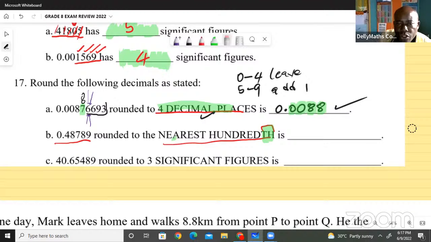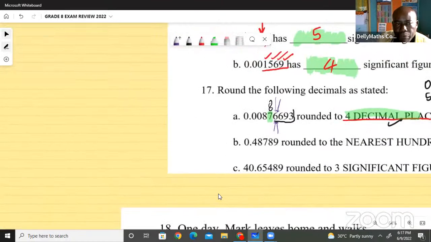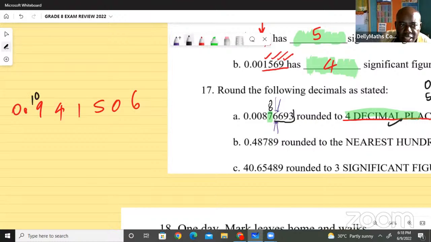That's what we're doing. So the nearest hundredths, guys, you're going to have to remember some little things, and I'm going to put them here for you. Whenever you have a decimal, I'm just putting some numbers here. Now I'm just going to name some of them. This one here is in the 10th spot.